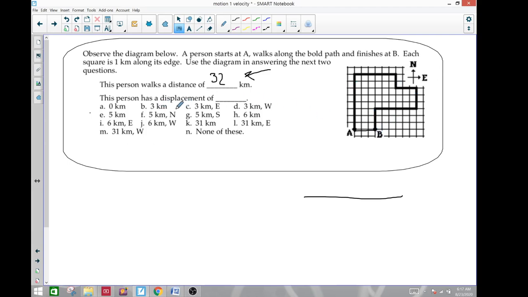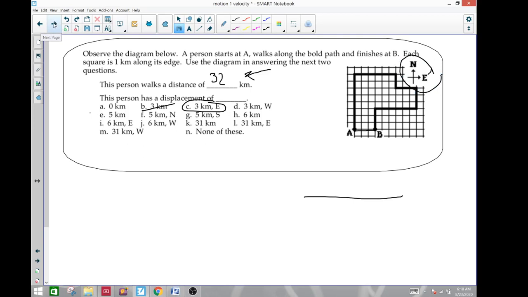The displacement would be 3 kilometers, but it's not just 3 kilometers. It's 3 kilometers east. And where's that one? Let's see here. There we go. 3 kilometers east. It went east. There's my legend, or you might call that my frame of reference.